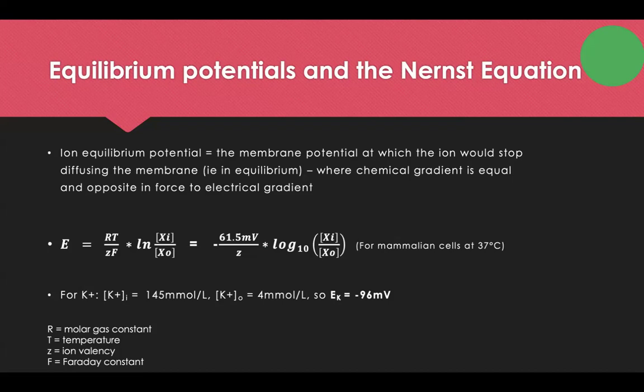The one on the left is generalized for any cell. But because most of them are constants and because the temperature in a mammalian cell should be pretty constant at physiological conditions, you can actually simplify it. So there's this equation on the right. I wouldn't expect you to need to reproduce this for your exam, but it is worth knowing where these numbers come from. You won't need to derive where it comes from.